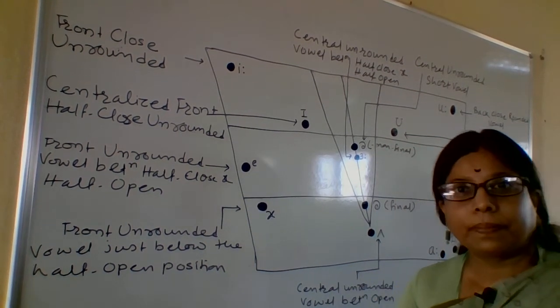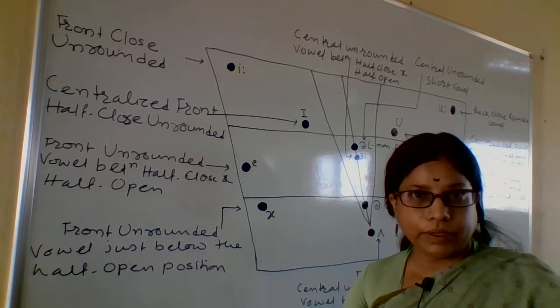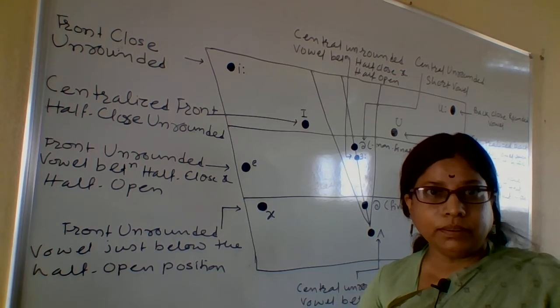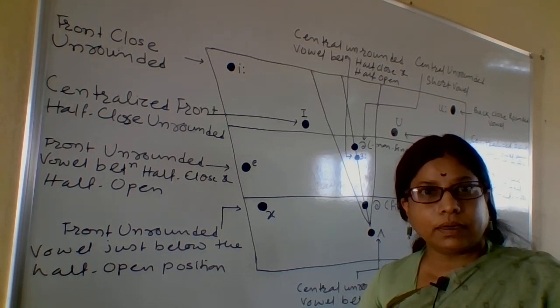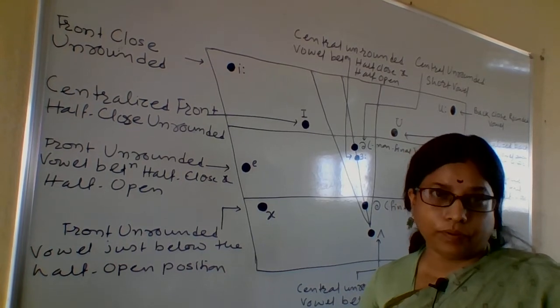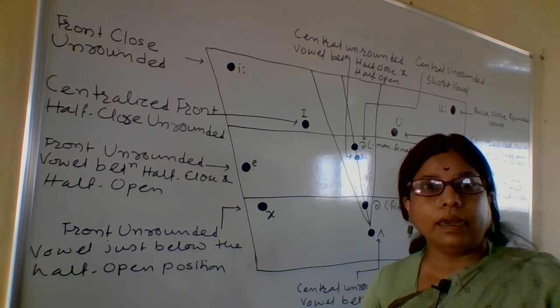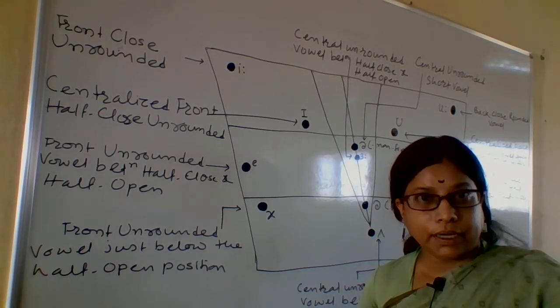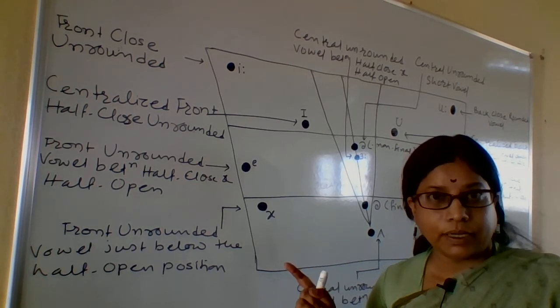Hello friends. As we know, in the last video I have explained the three-term labels given to the vowels. How the vowels are named and given the three-term labels depends, number one, upon the position of the lips.